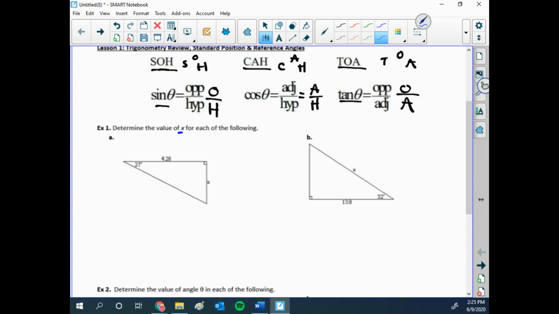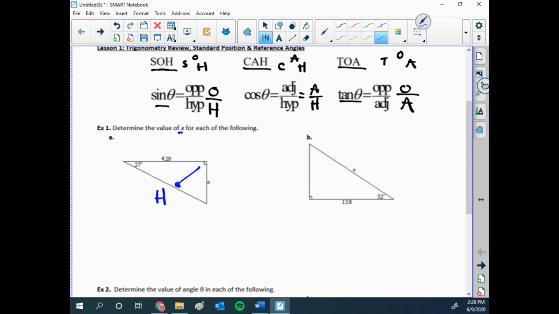In example 1a, we're trying to find dimension x, which is a side length. The first thing we do with all of these trig questions in 10C is label our triangle, starting with the hypotenuse. The hypotenuse is the longest side of the triangle, but sometimes a better way to look at it is that it's the side across from the 90-degree angle.